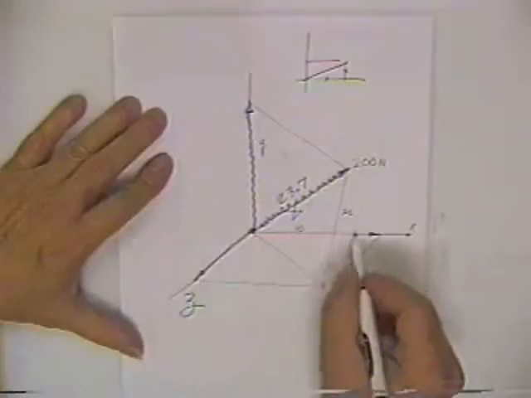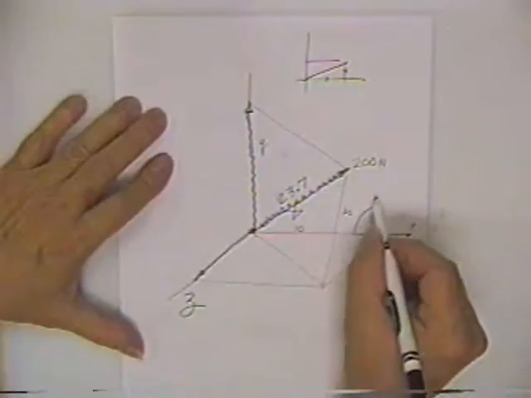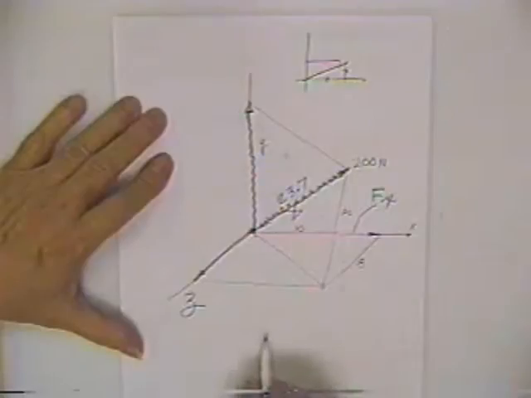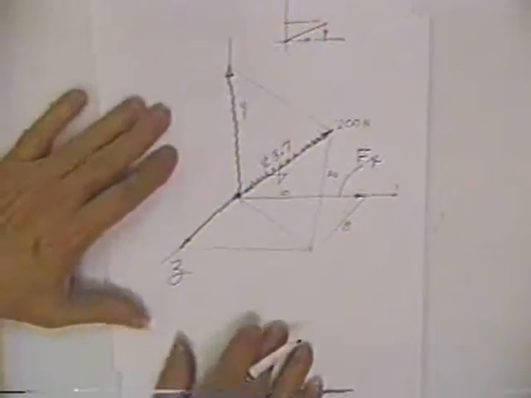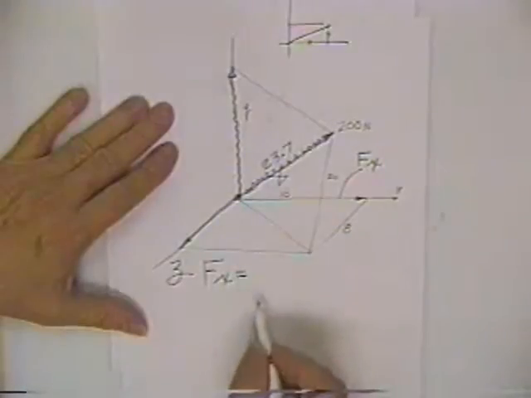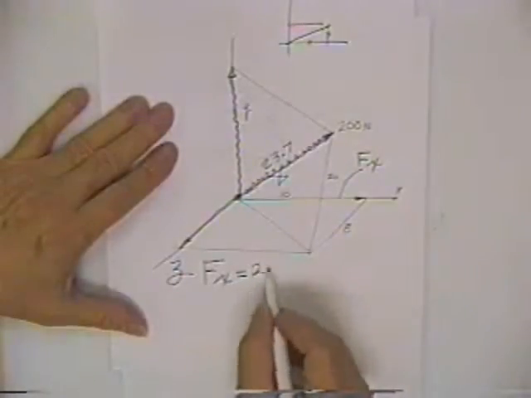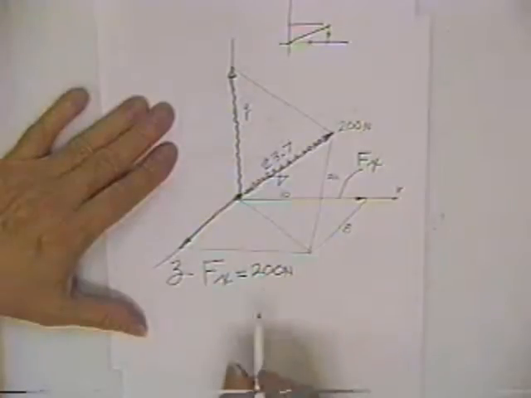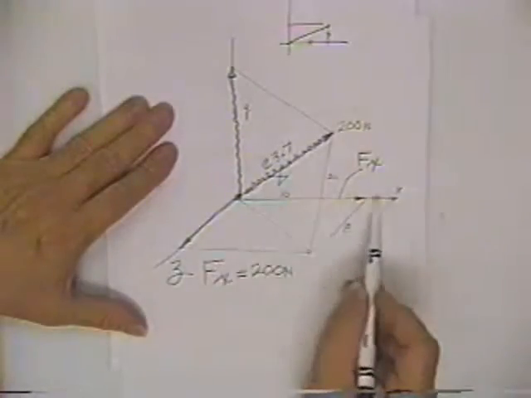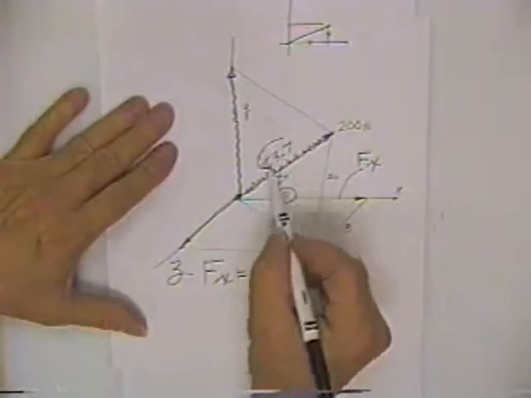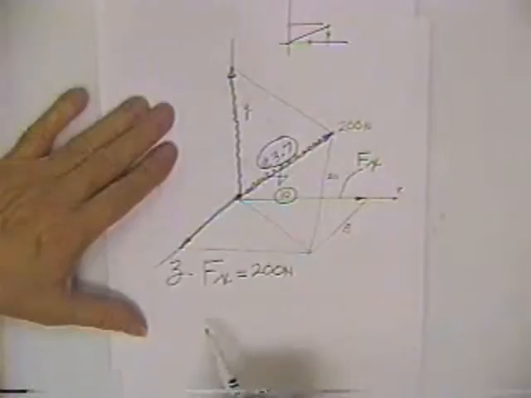Now that means that this guy right here would be the force along the X-axis, and the force along the X-axis would have the magnitude 200 newtons, except not all of this points in the pure X direction, only 10/23 of it.